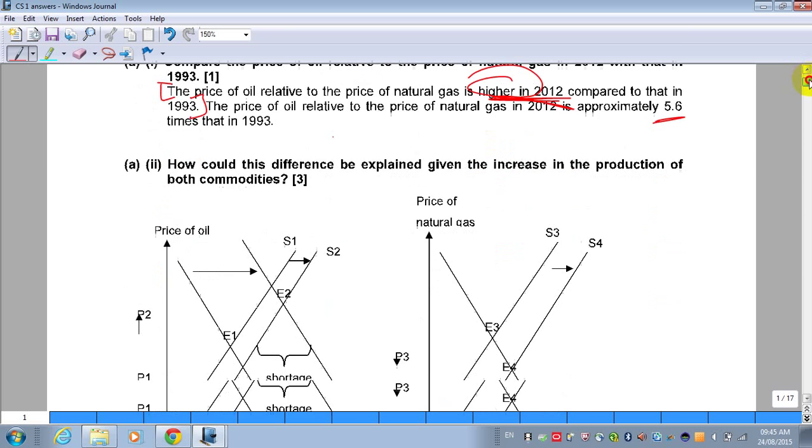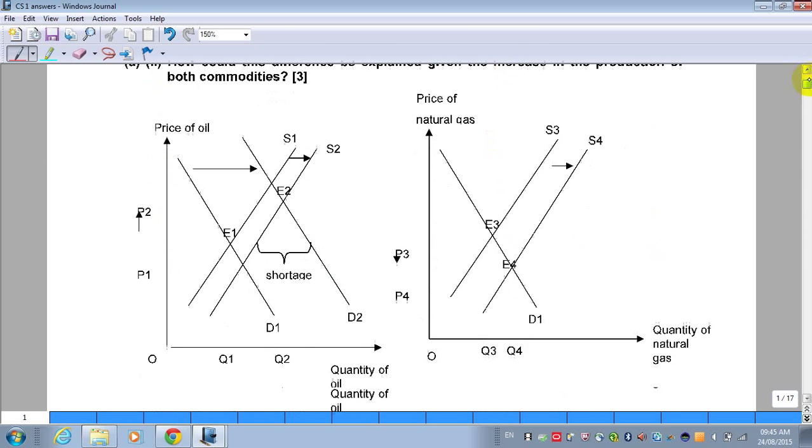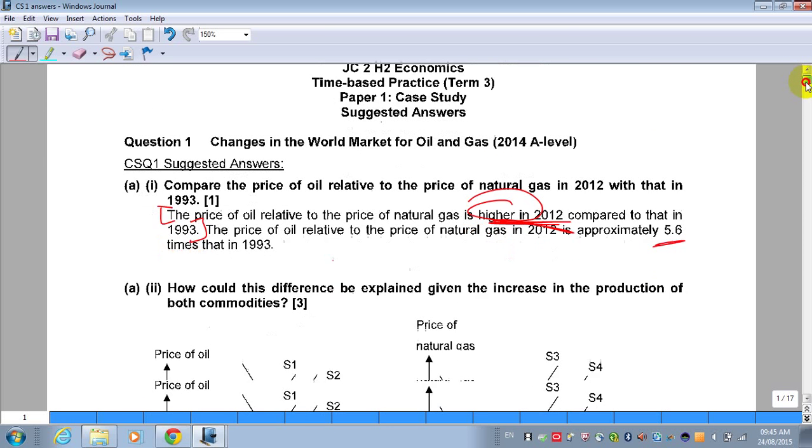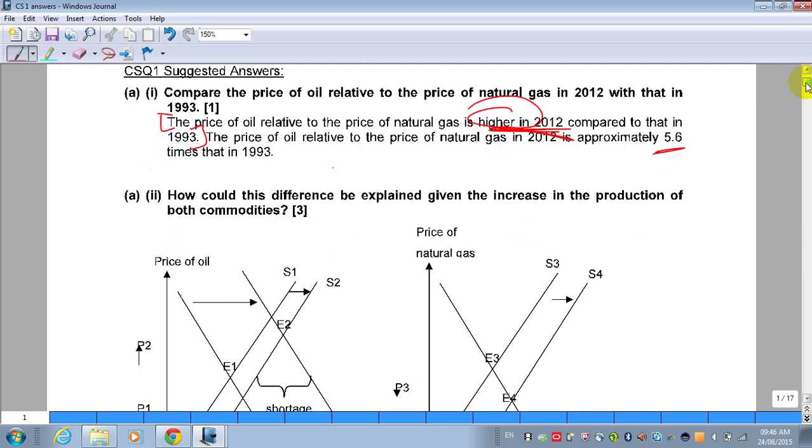Now let's move on. A part 2. How could this difference be explained given the increase in the production of both commodities? Now, boys and girls, by now you should know that for econs, you need to pick the right analysis tool to do the question.